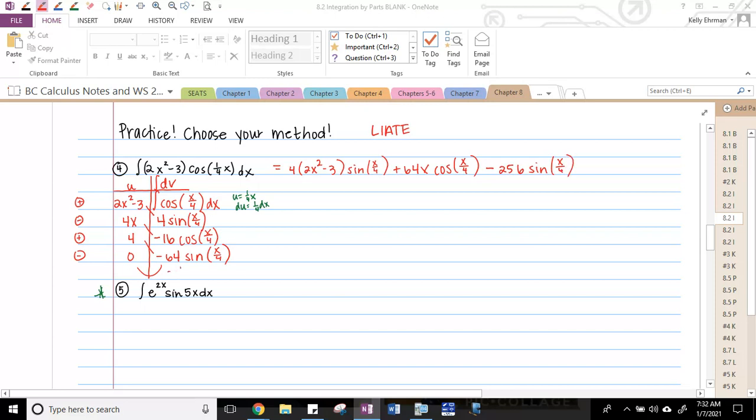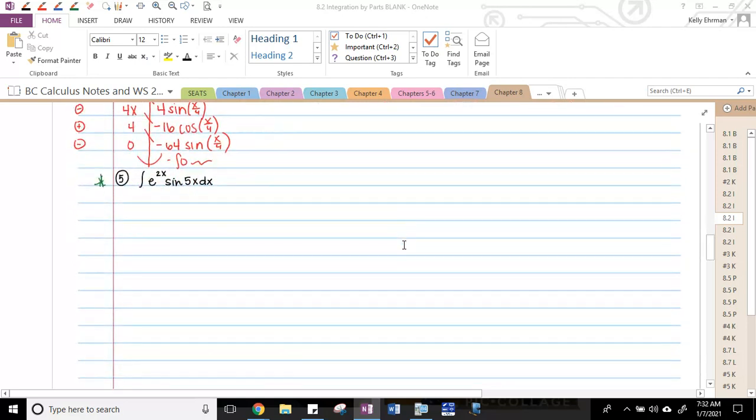Technically, there's a minus integral of 0, but that's just a 0 term, so I'll write plus c. All right, so that whole thing is my answer. Yes, I could simplify a little bit. I might have some like terms, the sine of x over 4. I wouldn't go through all of that unless I was searching for my answer in a multiple choice.